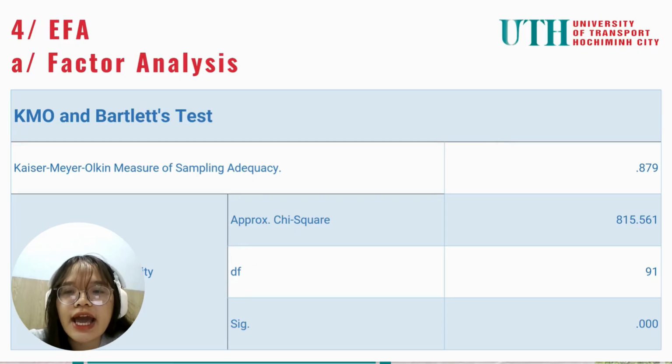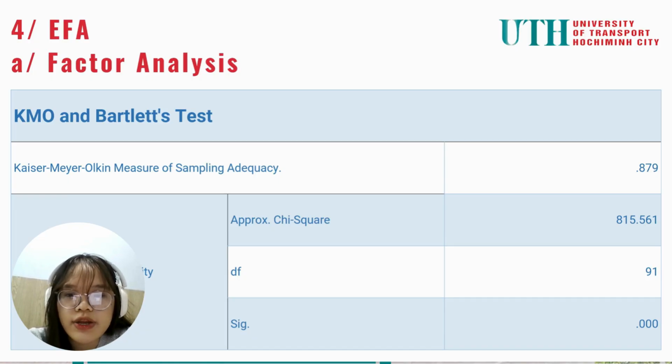Coming to the EFA, after confirming the reliability of the measurement scales, I conducted the exploratory factor analysis. The initial KMO value was 0.8779, which is well above the minimum acceptable value of 0.5. So this indicates that the sample was suitable for factor analysis.